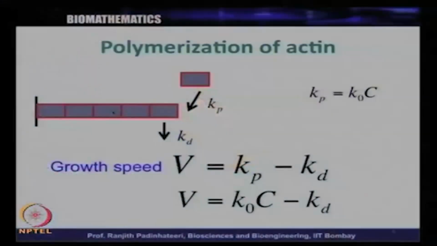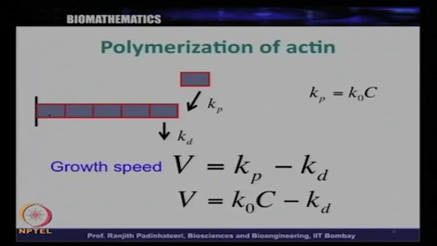As we discussed in some lectures in calculus, you have a filament and you can either polymerize or depolymerize. You can polymerize with some rate Kp, and depolymerize with some rate Kd. So, you have only two events, polymerization and depolymerization.